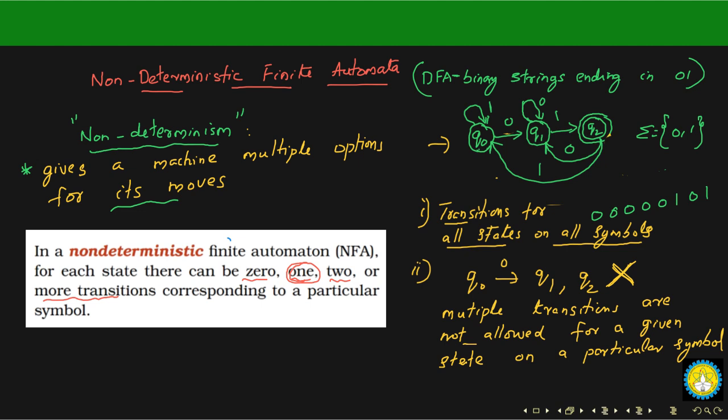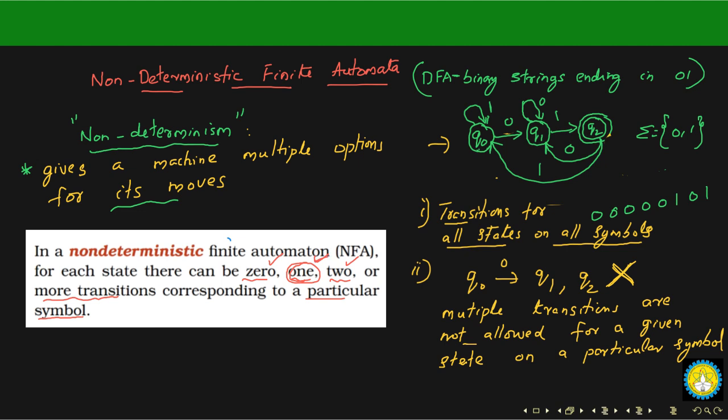But in a non-deterministic finite automaton, we can have 0 transitions. You need not have any transitions at all. That's also valid. You can have one transition, two transitions, or even more transitions corresponding to a particular symbol. For a DFA, only one transition is allowed.